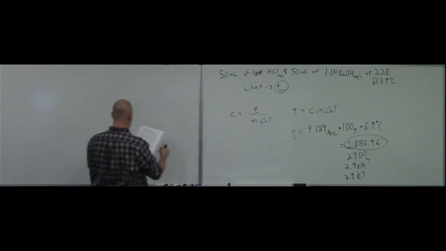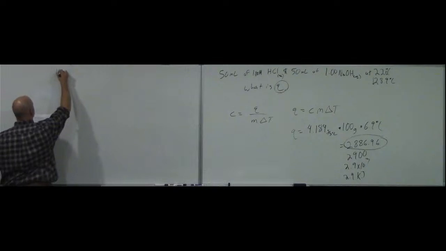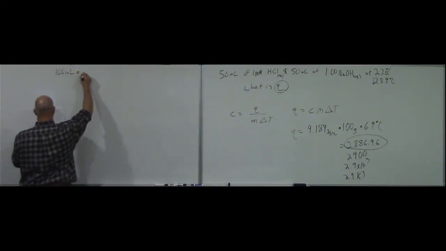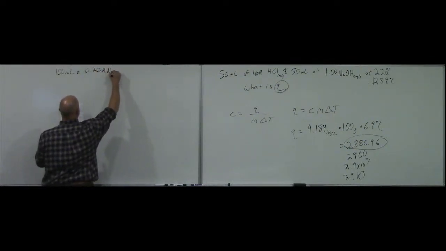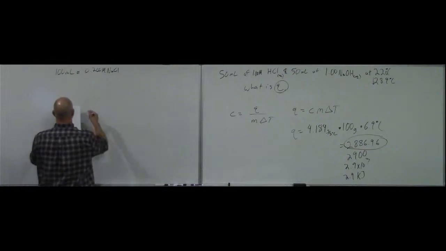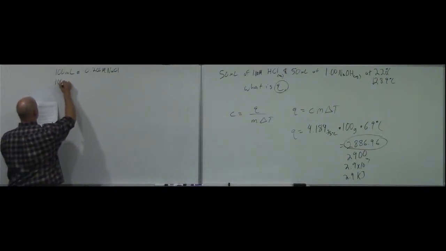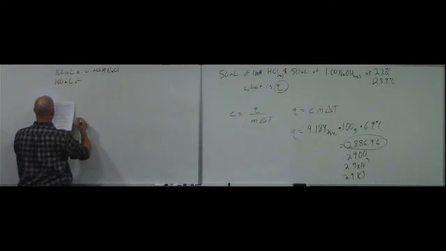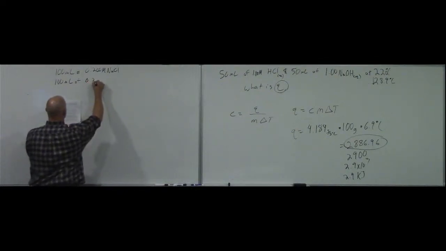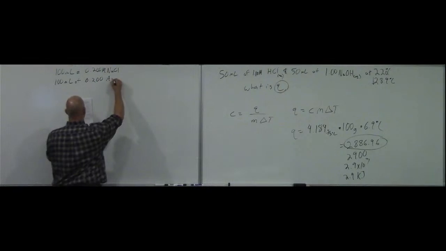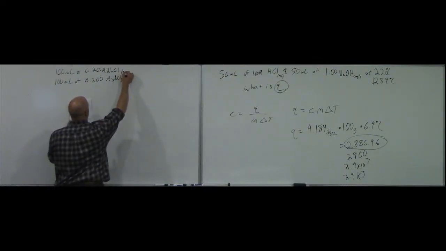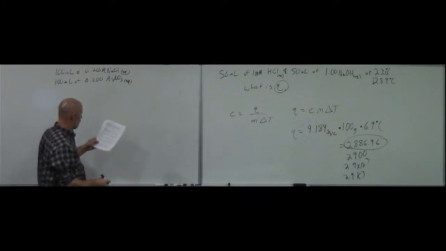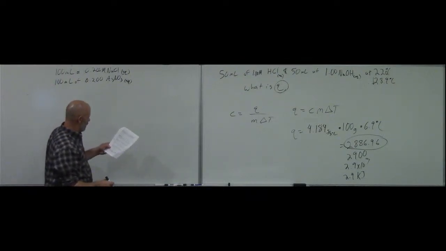When 100 milliliters of 0.200 molar NaCl and 100 milliliters of 0.200 molar AgNO3, these are both aqueous, are mixed.